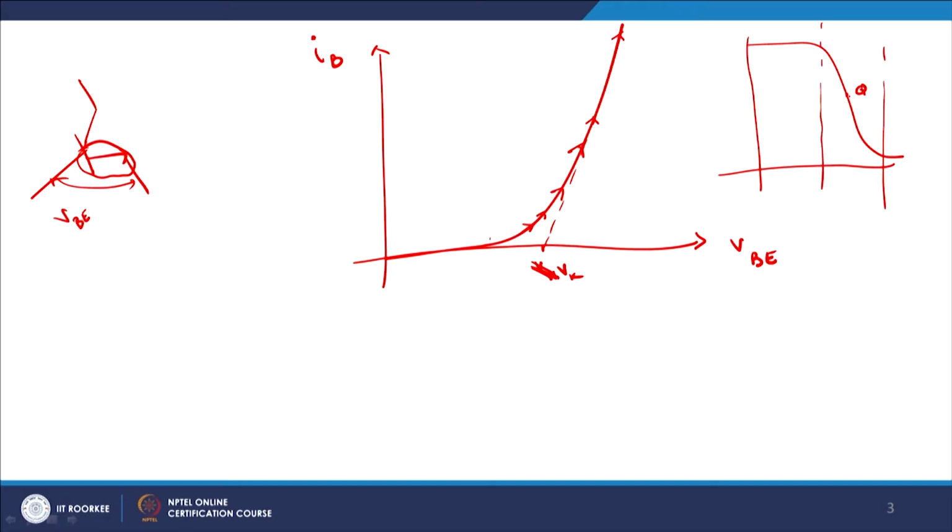If you bias your device at the Q point here, at a given VCE, then I can safely say that for the same change in the value of IB, I would expect to see the same change in the value of IC.